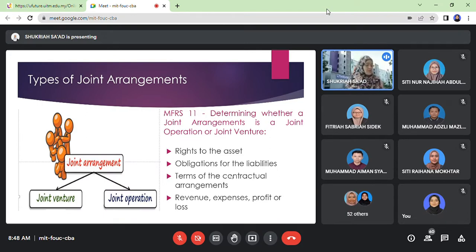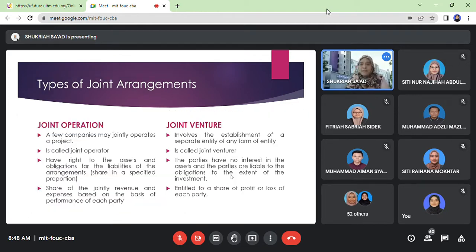You can read through the notes to understand further, because they elaborate on the justification for each factor highlighted in the slide: rights to the assets, obligations for the liabilities, the contractual arrangement, and the sharing of revenue, expenses, and profit or loss.